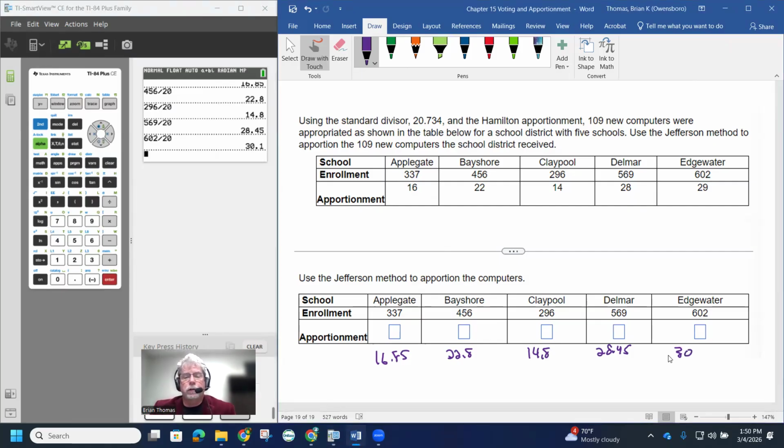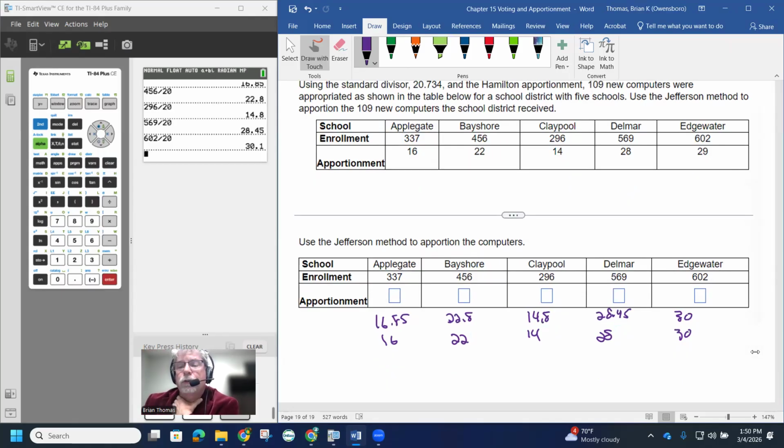So it looks like I'm getting very similar numbers, a 16, a 22, a 14, a 28, but this one's a 30. So it looks like we've got one more computer than needed. I'm kind of curious, if we change our divisor, who's going to lose out here?